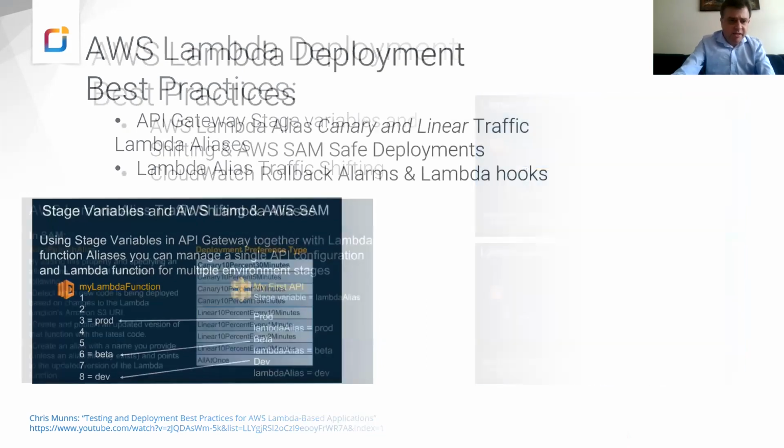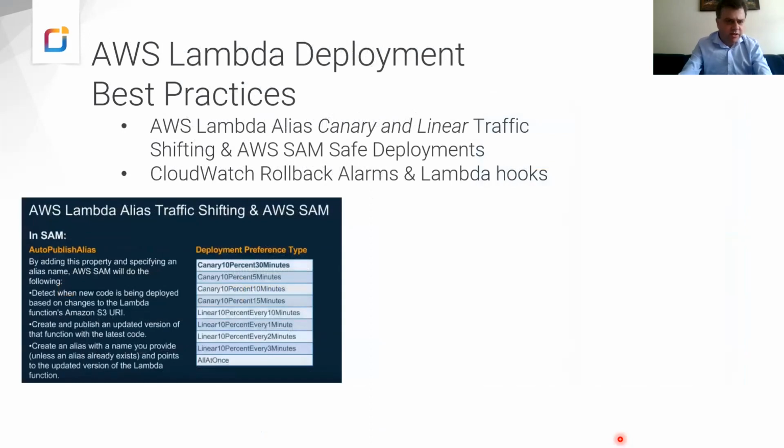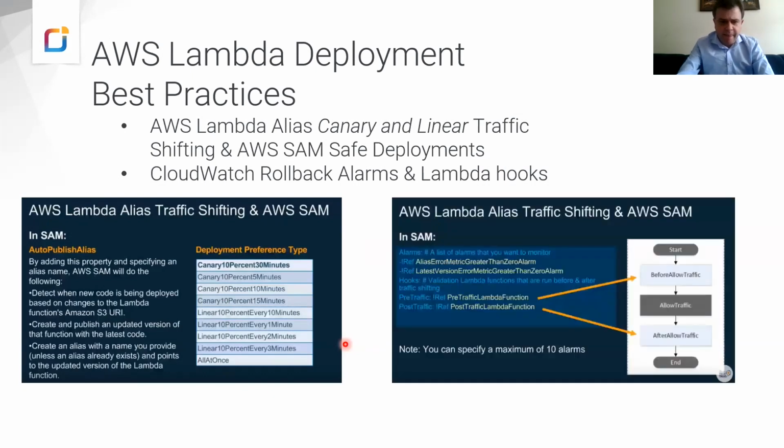The same is also true for the canary deployment. With the AWS Serverless Application Model, you can configure how you would like to roll out your solution, linear or with canary, and you have these parameters. You may also define alarms, so pre-alarms before shifting, and also post-alarms.